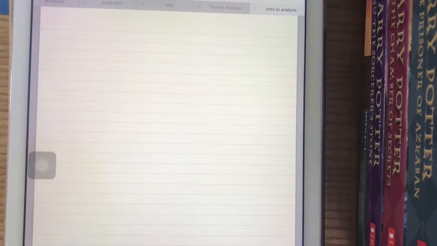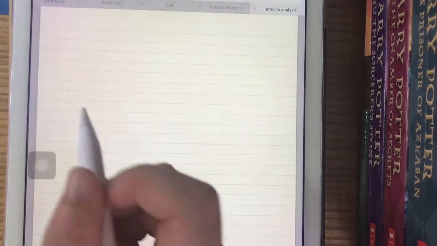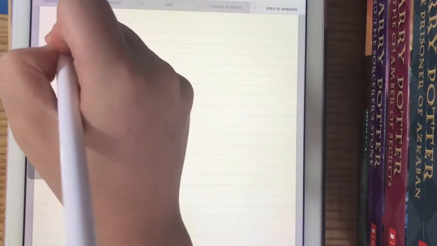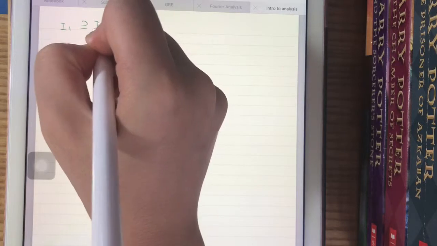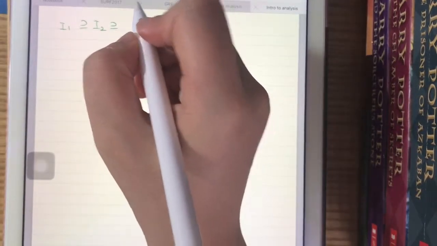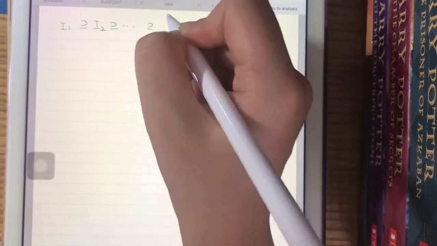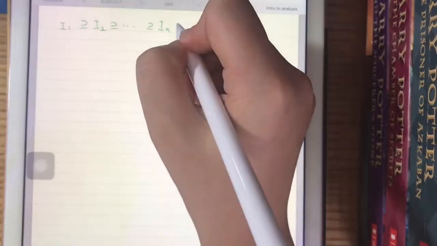Now, suppose we've already been given the nested intervals, I_1 contains I_2, contains and so on, contains I_n.